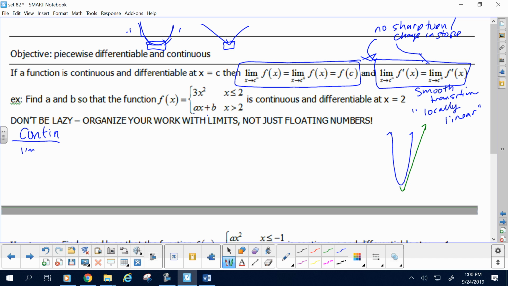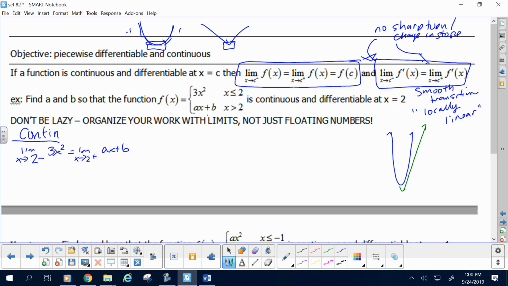The limit as x approaches 2 from the left uses the function 3x squared. The limit as x approaches 2 from the right uses the function ax plus b. Now, if we evaluate each of those limits at 2, where does the parabola leave off?